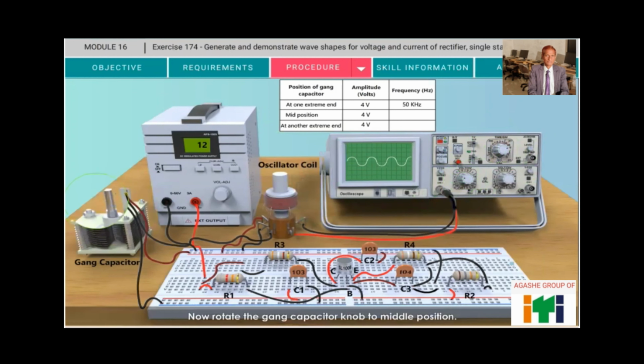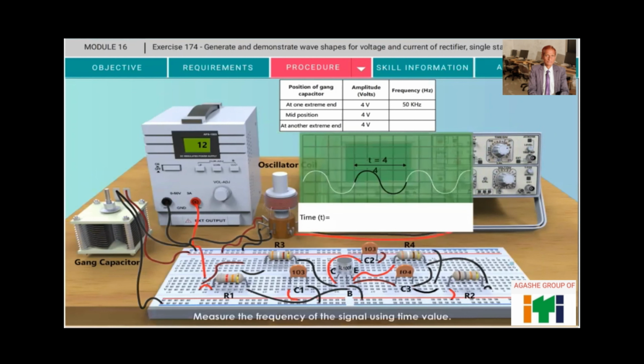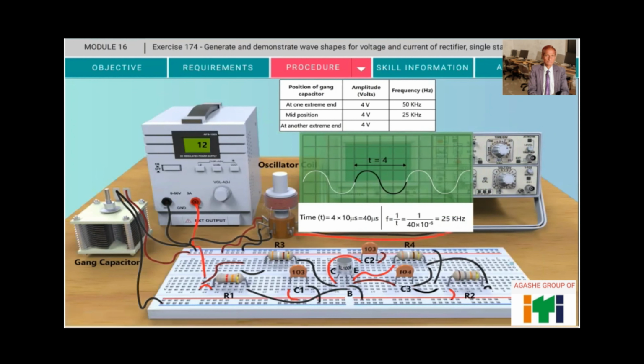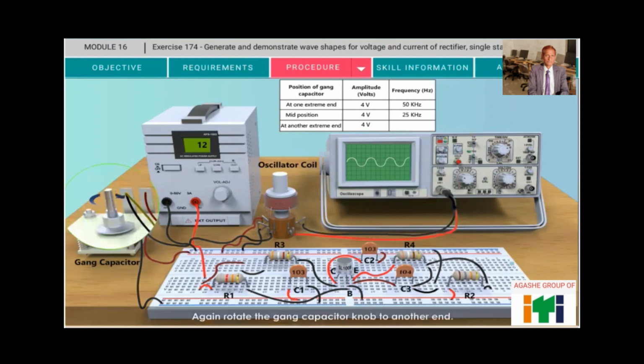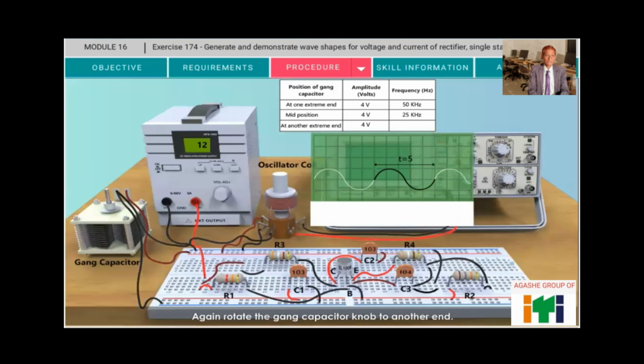Now rotate the gang capacitor knob to middle position. Measure the frequency of the signal using time value. Again, rotate the gang capacitor knob to another end. Measure the frequency of the signal using time value.